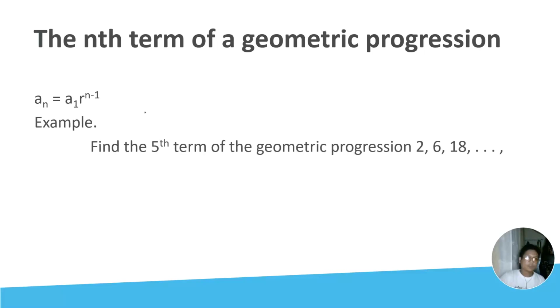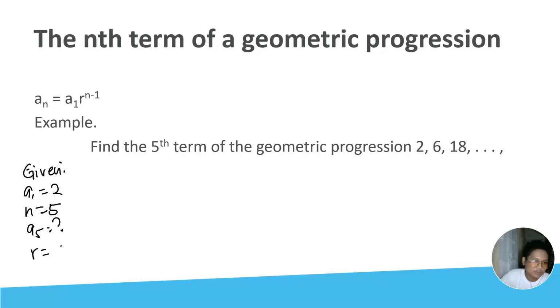Example, find the fifth term of the geometric progression 2, 6. First, write the given. Okay, given a sub 1 is 2, n natin ay 5, fifth term unknown. Common ratio, compute na agad. a sub 2 divided by a sub 1.